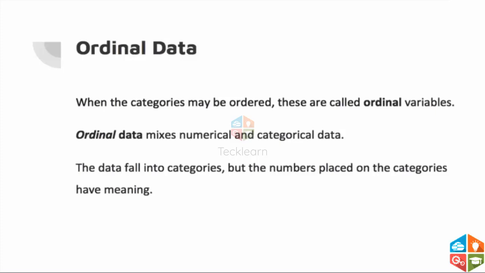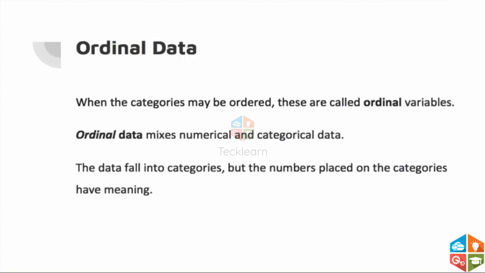For example, if you're rating a restaurant on a scale of 0, the lowest, to 5, the highest stars, that gives ordinal data, because the 0, 1, 2, 3, 4, 5 have some order, with 0 standing for the lowest star and 5 standing for the highest star, the best rating of that particular restaurant. This ordinal data is often treated as categorical data only, where the groups are ordered when any graphs or charts are made.